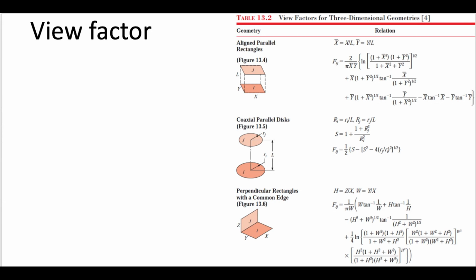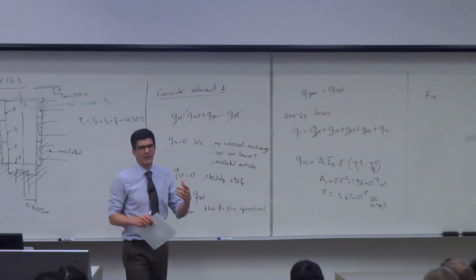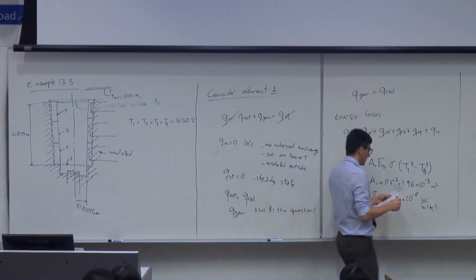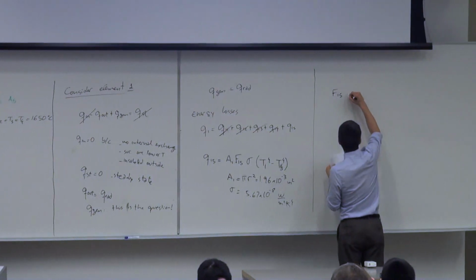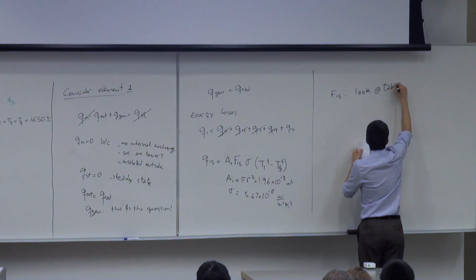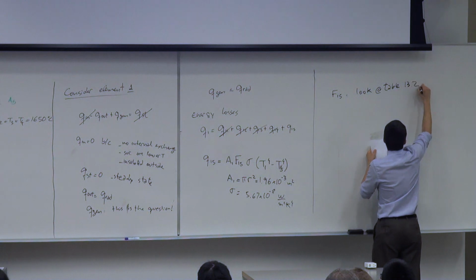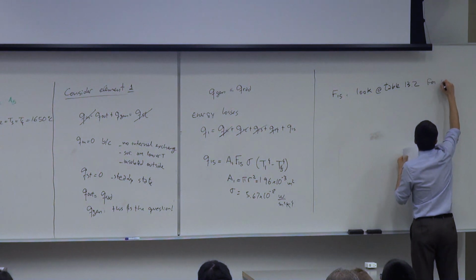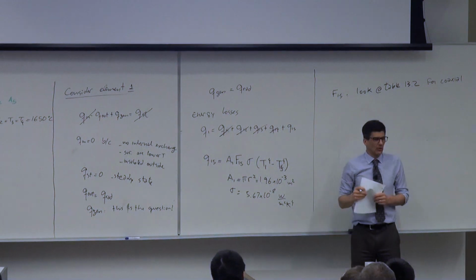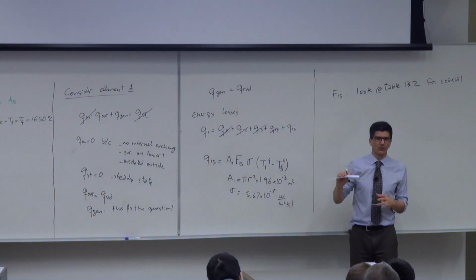And in this case, it's simple because the two circles are the same, but we could have done a cone. We can do crazy stuff, no problem. So this is a look at table 13.2 for coaxial.